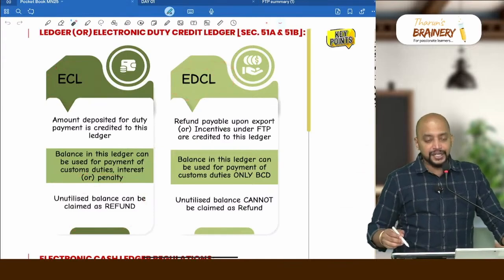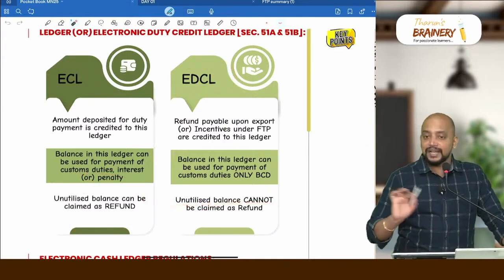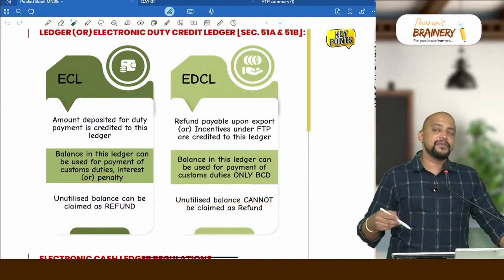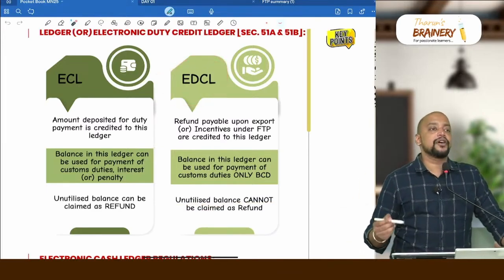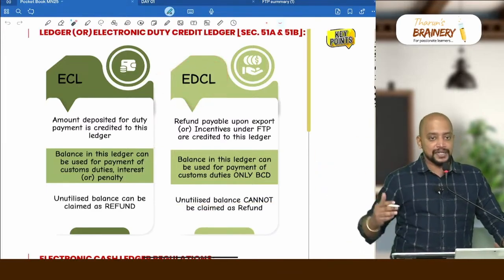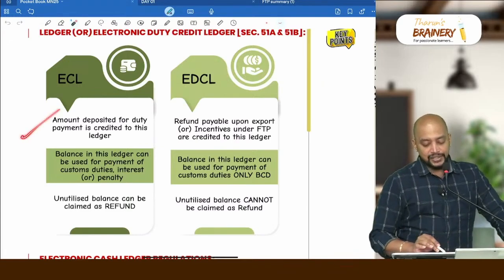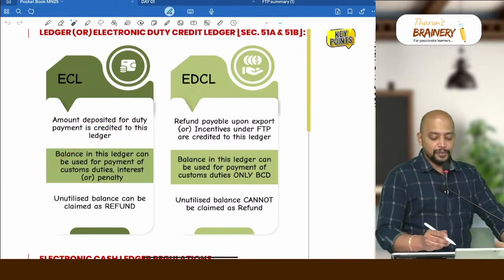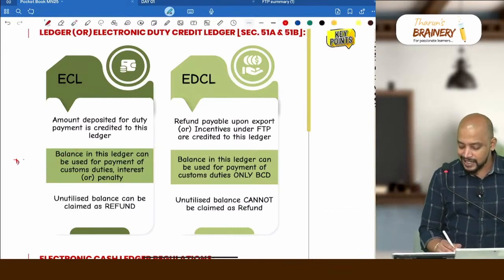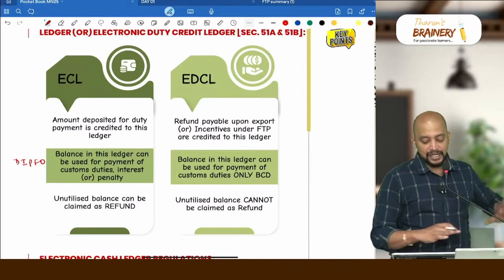Whereas the unutilized balance of the electronic duty credit ledger cannot be claimed as a refund, but we have a process of transferring the balance of the electronic duty credit ledger in the form of e-scrip to another person. So basically, in the electronic cash ledger, the amount deposited for duty payment is credited to this ledger. It can be used for payment of everything, that is DIPFO, and thereafter the unutilized balance can be claimed as a refund.